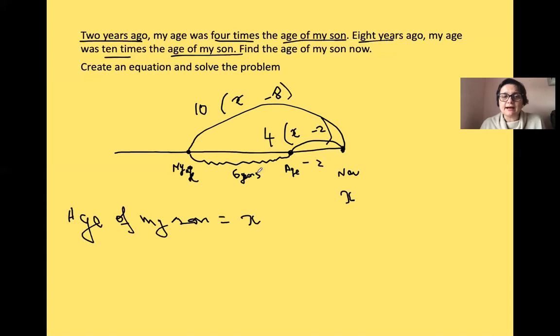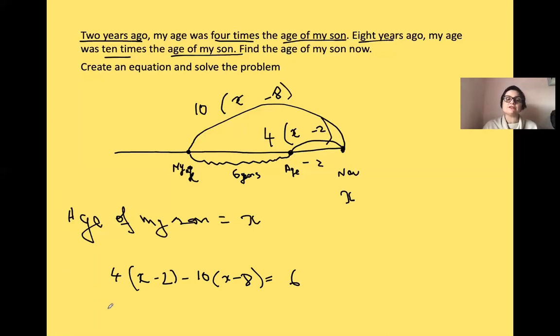And so now I have to create the equation. So this age here, take away this age here, would make 6. So my age 2 years ago is 4 times X minus 2, take away my age 8 years ago, 10 times X minus 8, equals 6, because that is the gap between both ages.